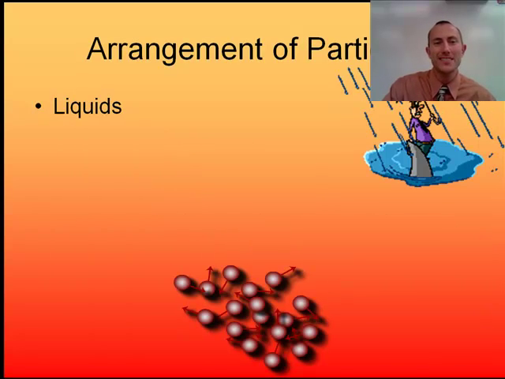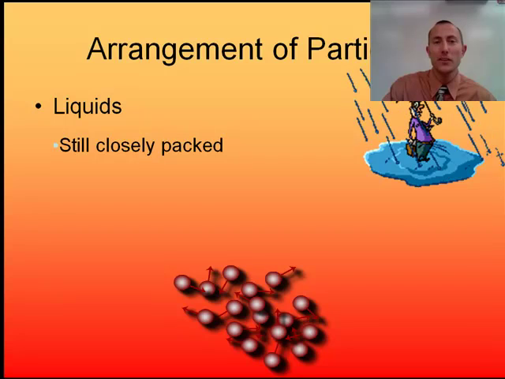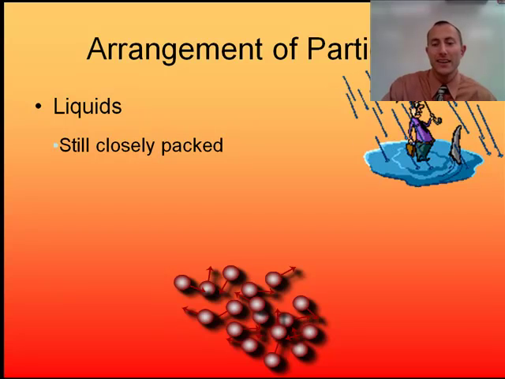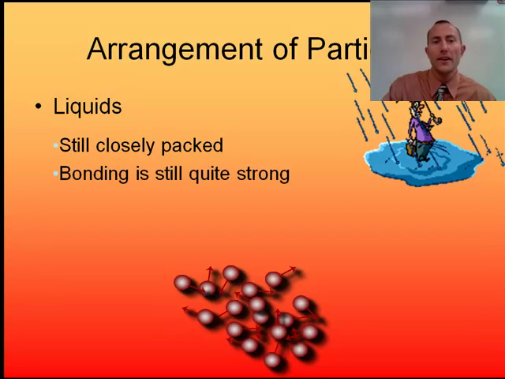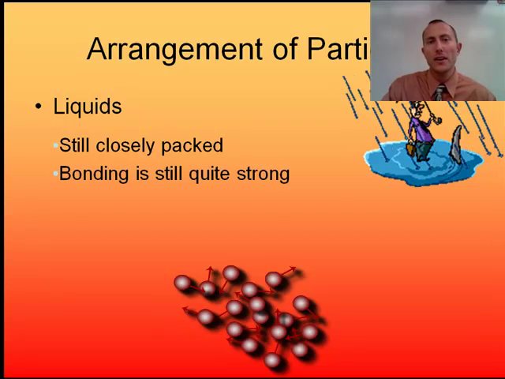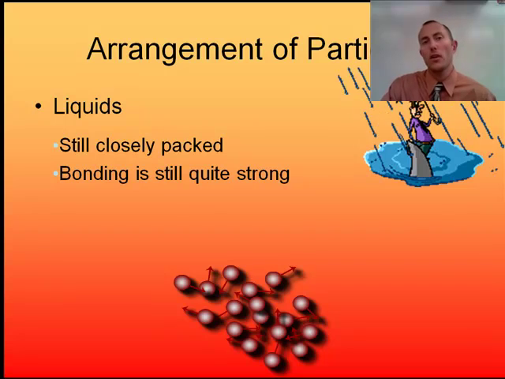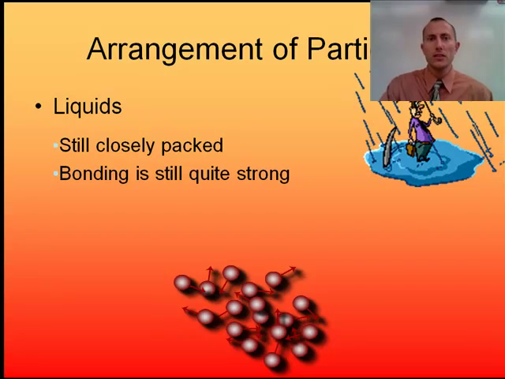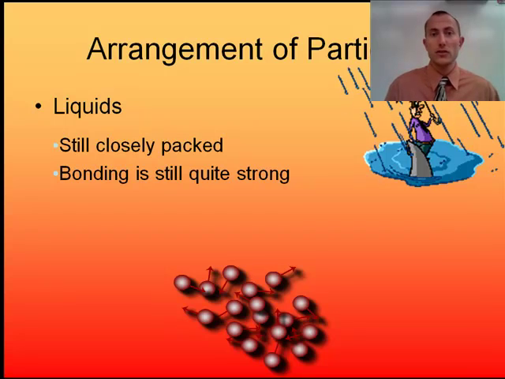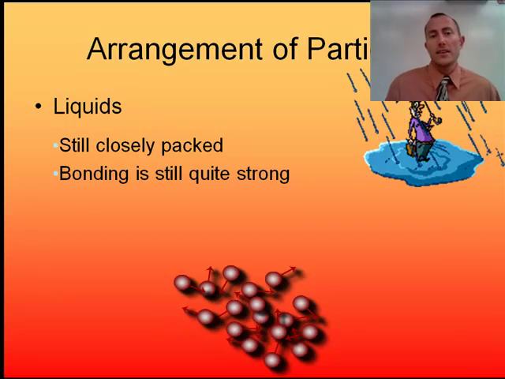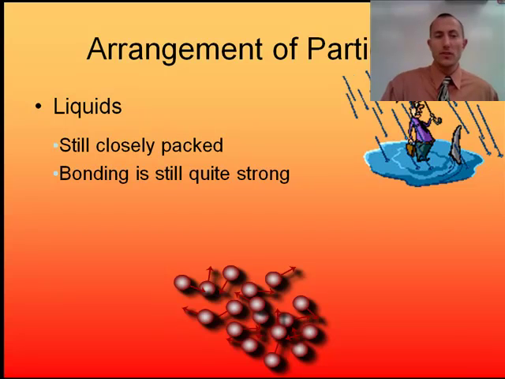When we get to liquids, they're still very closely packed, which is why they have a definite volume, but even though the bonding is strong, it's looser than it was with solids. And so now the molecules have a little bit more freedom. Now they can start to rotate a little bit, and they can start to move around each other.